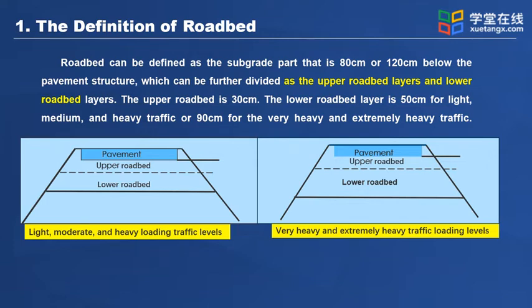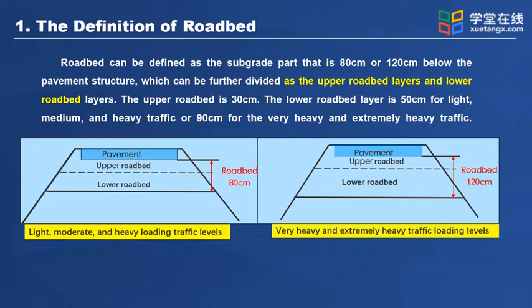For light, moderate, and heavy loading traffic levels, the depth of the roadbed is 80 cm in this figure. For very heavy and extremely heavy traffic loading levels, the depth is 120 cm in this one.